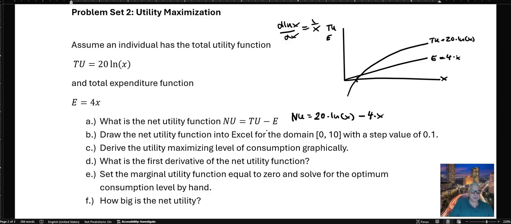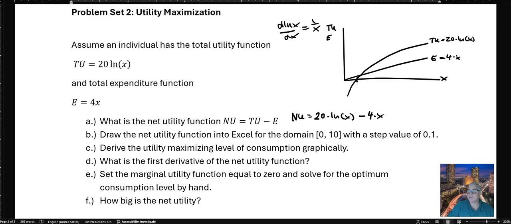Now draw the net utility function in Excel for the domain from 0 to 10 with a step value of 0.1.